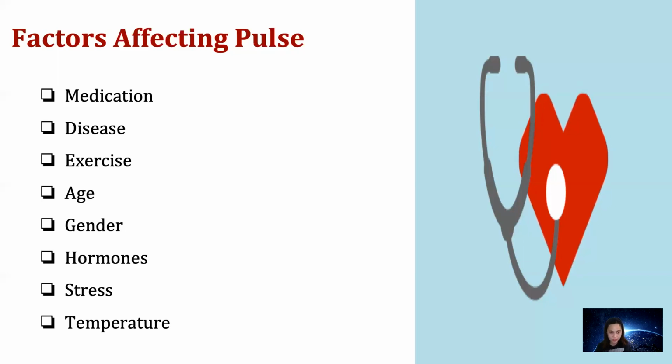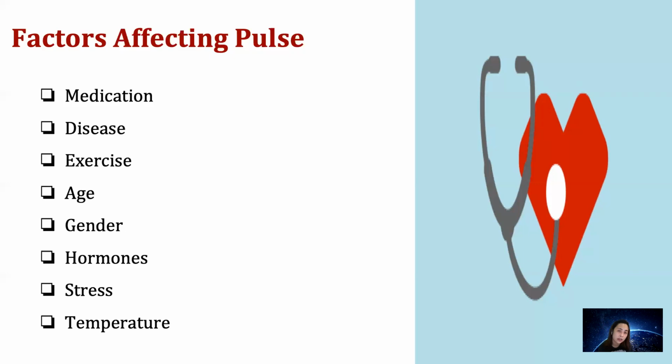So normally, it will be 120 to 160 their normal pulse rate. Then, gender, according to study, mas mataas ang pulse rate ng mga lalaki kaysa sa babae. Why? Because ang mga lalaki is mas maraming physical activities kaysa sa babae. Then, hormones, okay?